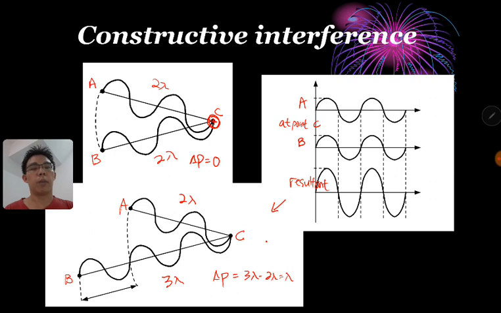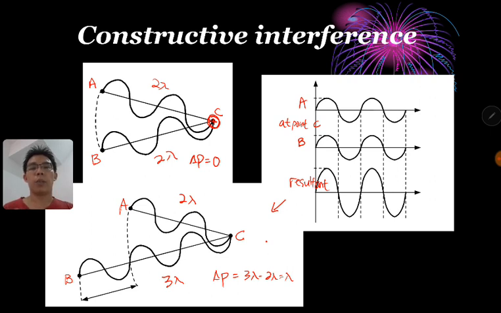So that's path difference of lambda, and basically there's no difference in the resultant. So both of this case, it causes a constructive interference. It's going to build up the resultant displacement.